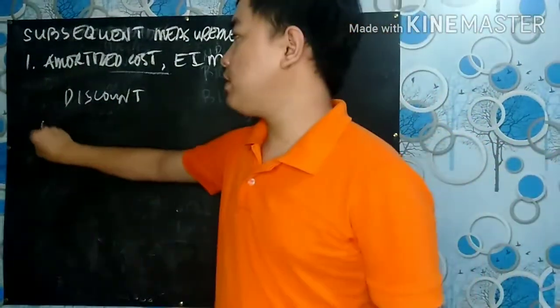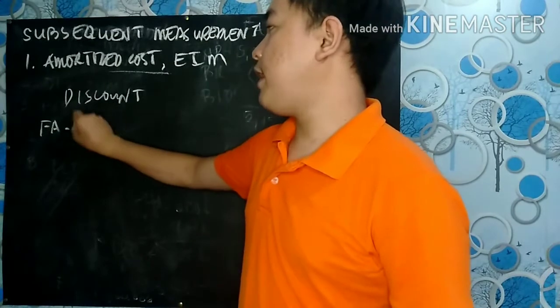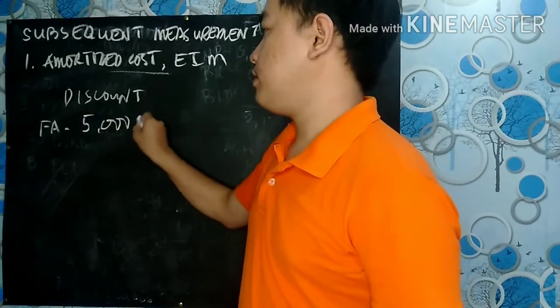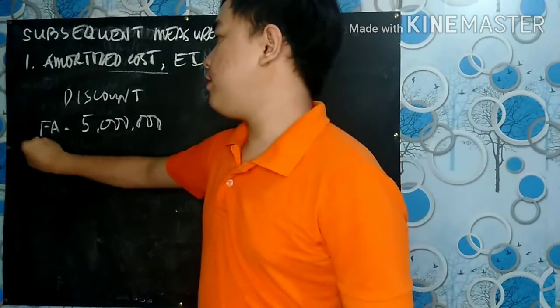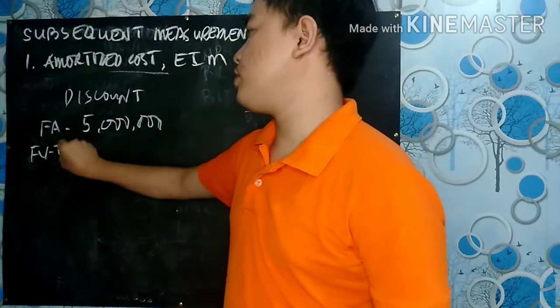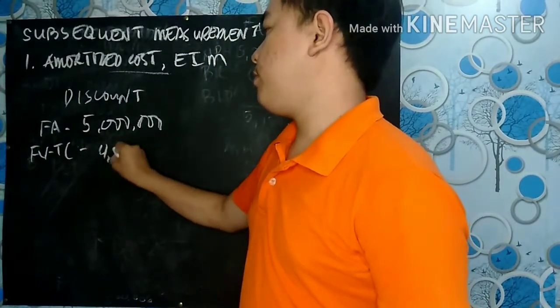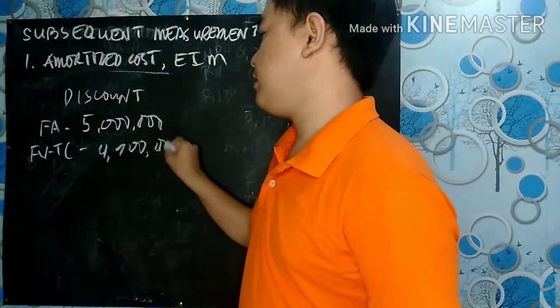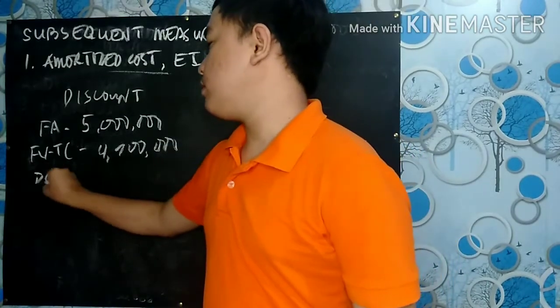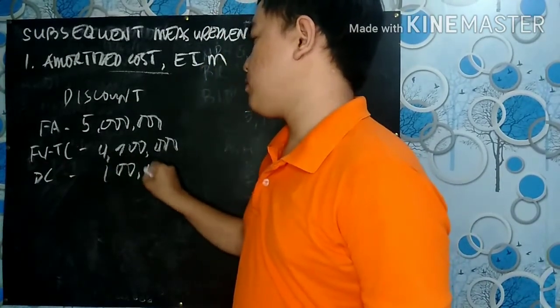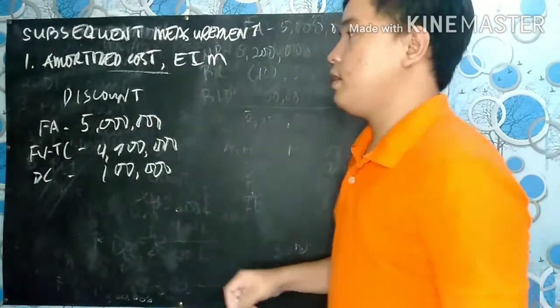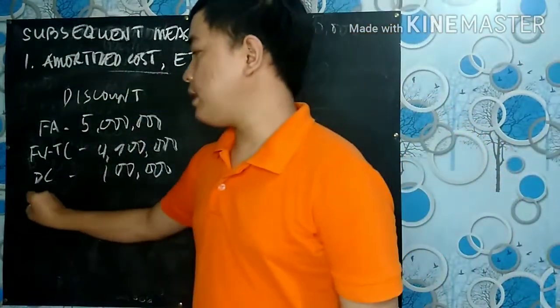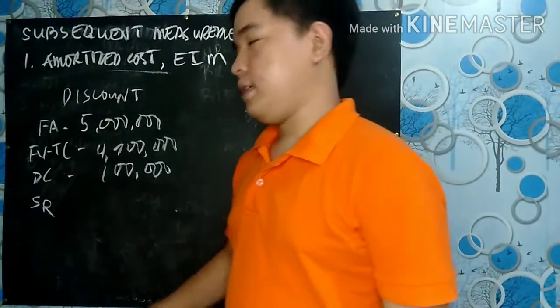Example, face amount natin is 5 million. Fair value less transaction cost natin is 4,900,000. Of course, discount is 100,000. Okay po. The stated rate is 10%.